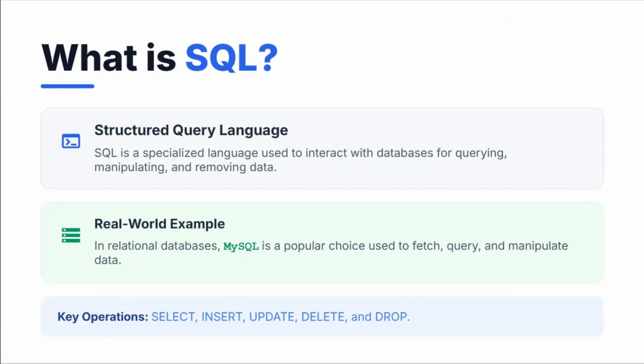Usually in SQL we perform various operations such as fetching the data, manipulating the data, and probably removing the data, which usually does not happen all the time. So the key operations are select, insert, update, delete, and drop. We will discuss more about these queries when we start doing the practicals.